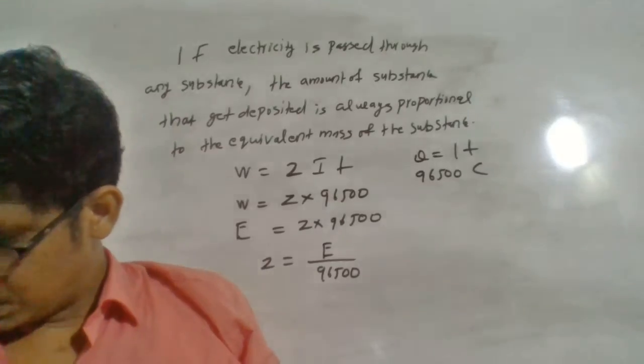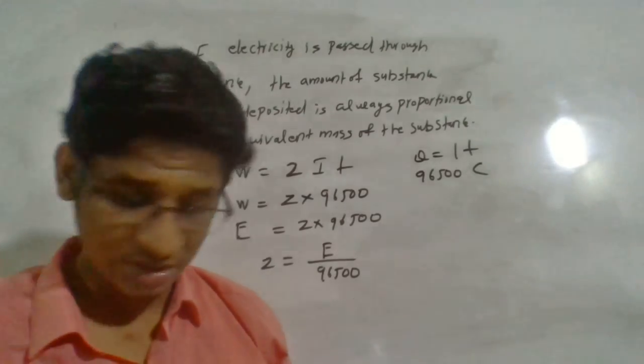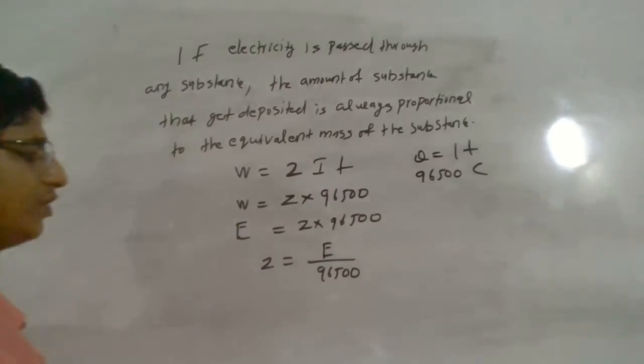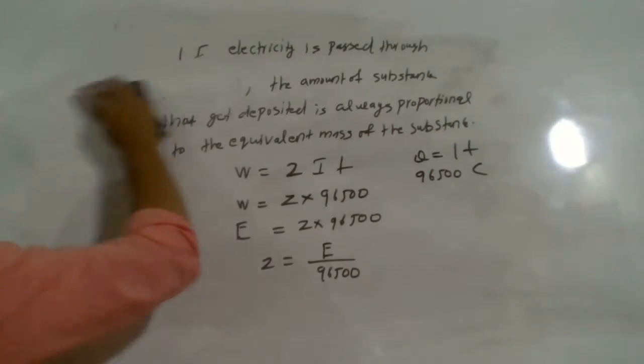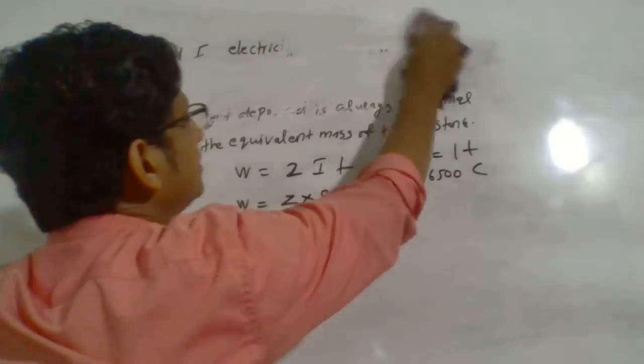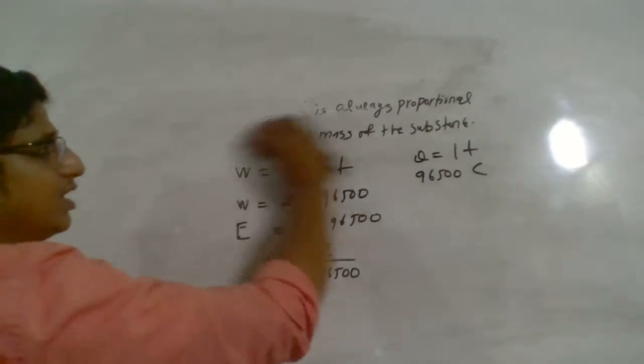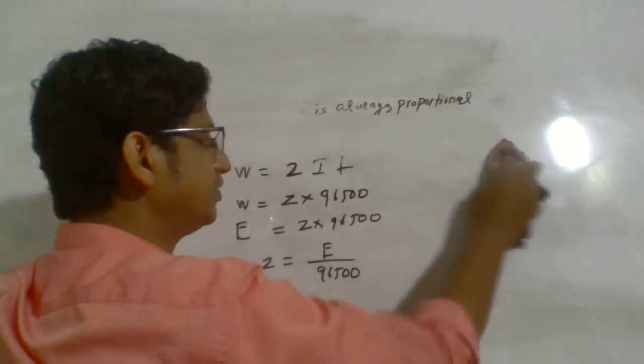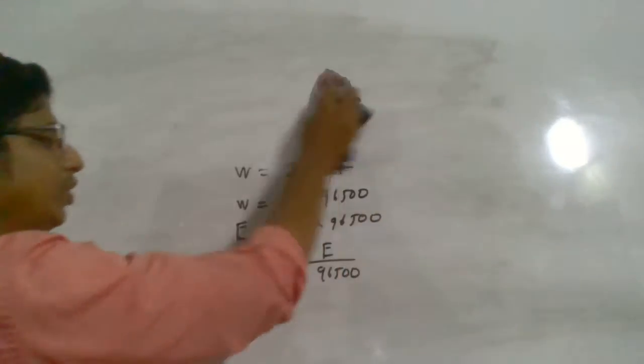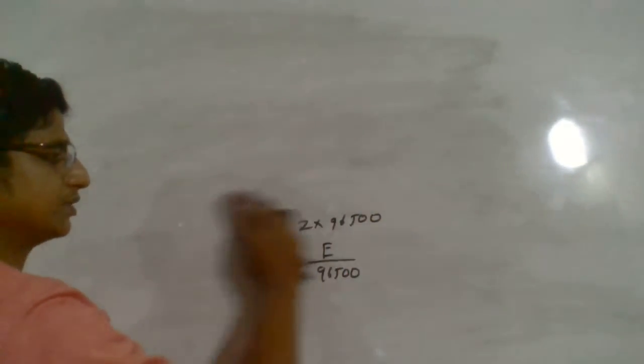Now, if a question asks to find the amount of substance deposited, you can still find it using Faraday's first law equation, W is equal to ZIT. So using that equation also you can find it. It's up to you how you want to find it. So let us do one problem, the same problem that we did.